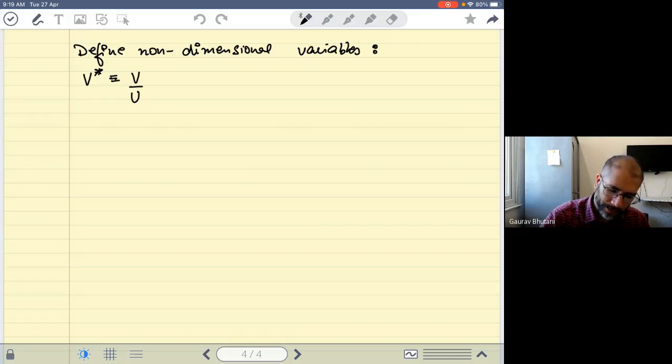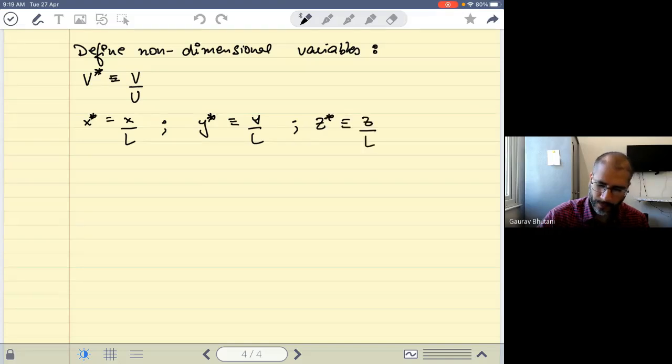Similarly, lengths, for example, we have X, Y, and Z. All of them will be non-dimensionalized using the characteristic or the reference length L. Again, the starred quantities are the non-dimensional quantities that have been defined.